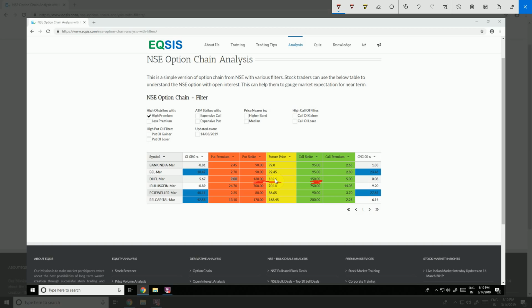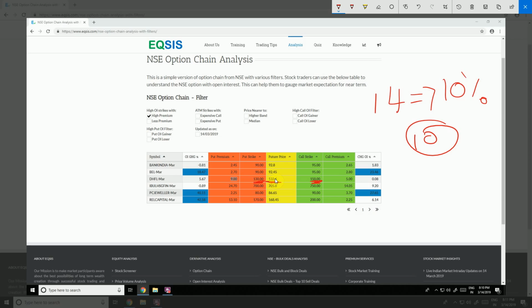In that case, I tend to lose money if the price goes beyond 150 or below 130. But the collective premium I get is close to 14 rupees, which on a 130 rupee stock is actually close to how much? I'm sure it is close to 10%. You are getting close to 10% returns by writing these options in a matter of 10 days. Okay, it means what?